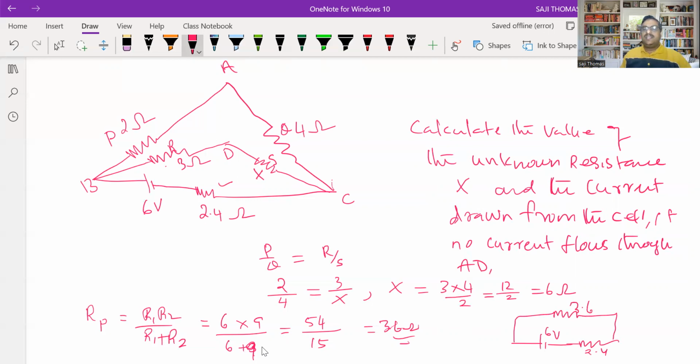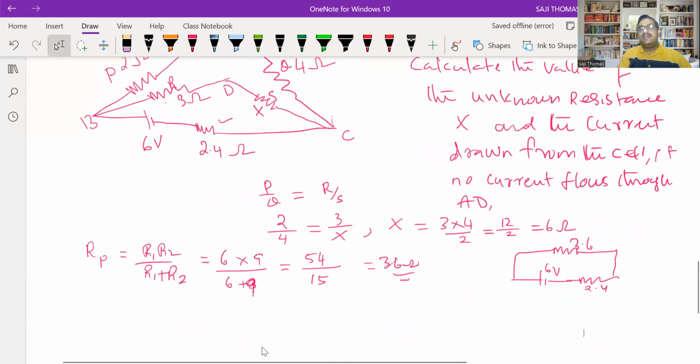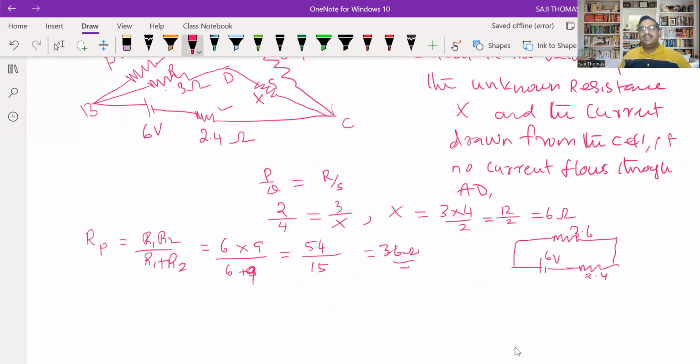Now you can find the current. The equation for the current is I equals E by R. E is 6 volt divided by total resistance 3.6 plus 2.4, which is 6. So 1 ampere.